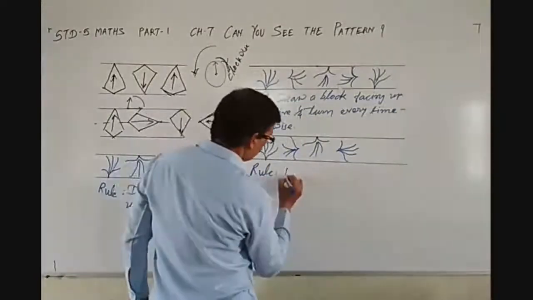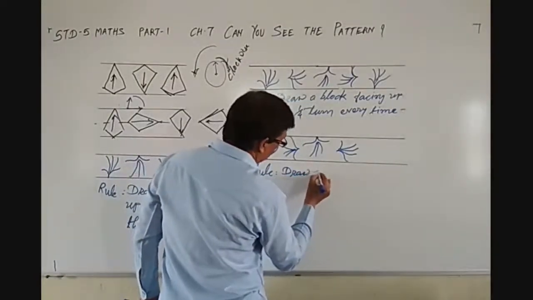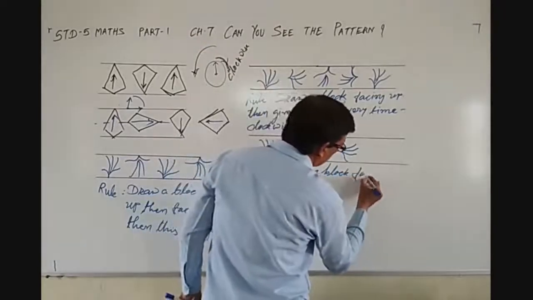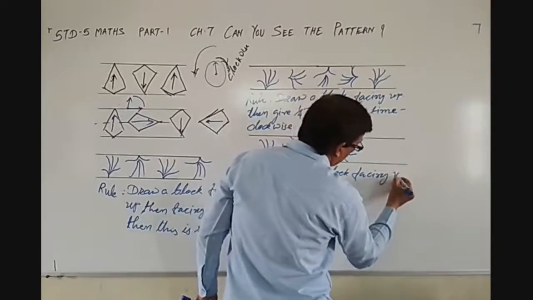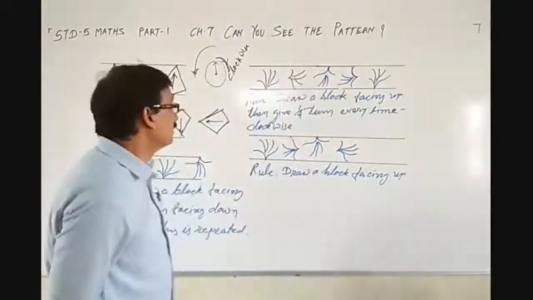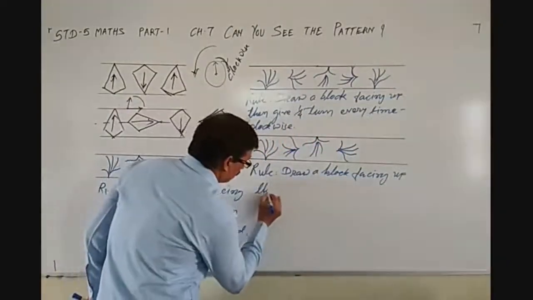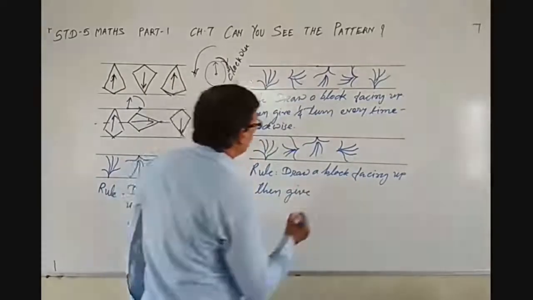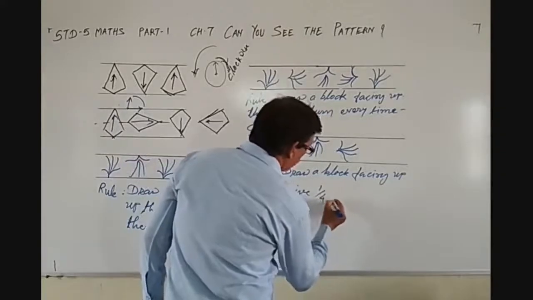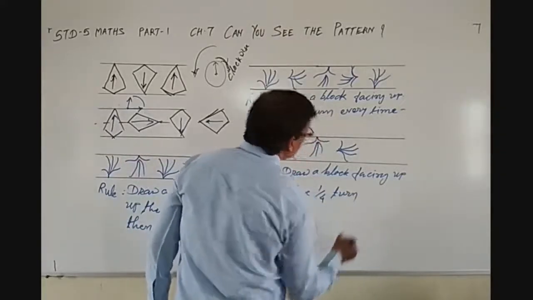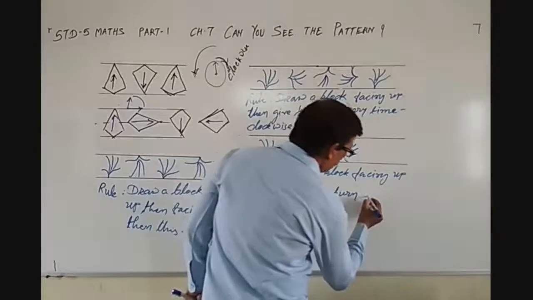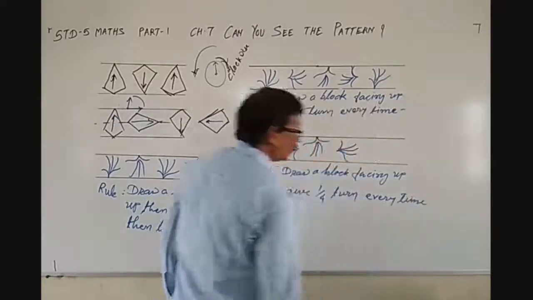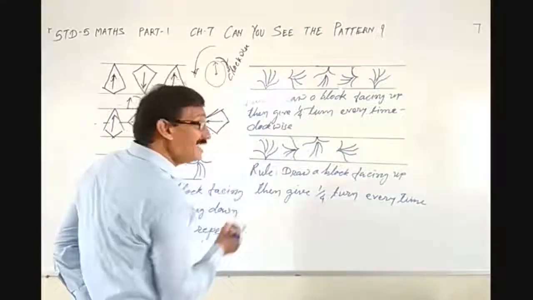So the rule will be: draw a block facing up, then give 1/4 turn every time anti-clockwise.